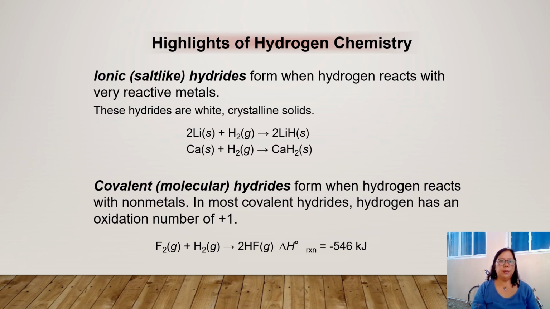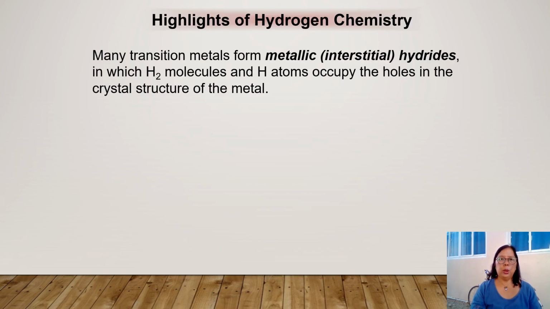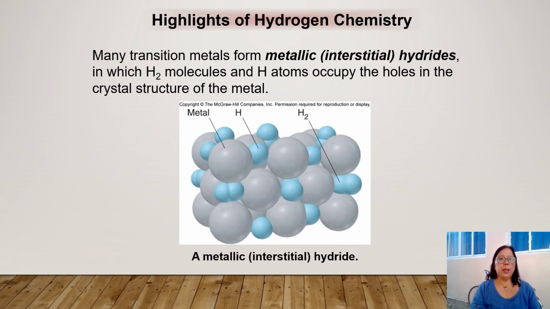And then it is also capable of covalent bonding, so hydrides in covalent or molecular form can be formed by hydrogen. Many transition metals form metallic hydrides, in which hydrogen molecules occupy the holes of the crystal structure of the metal.